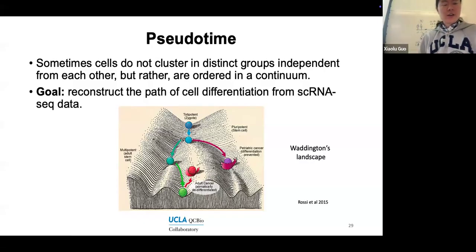Let's continue. Next, what we will go over quickly is the pseudo-time analysis. How many of you have seen this picture? And what does this mean?